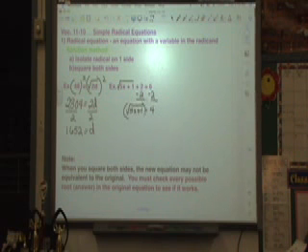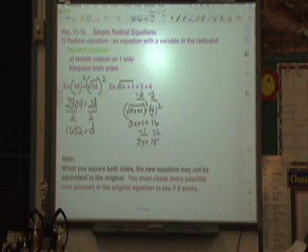Square both sides to get rid of the square root sign or the radicand. So that gives us 5x plus 1 equals 16. Subtract 1. We get 5x equals 15. Divide by 5. And x equals 3.